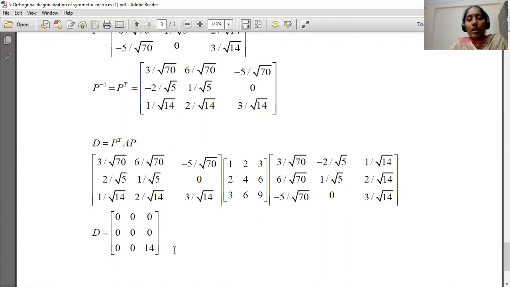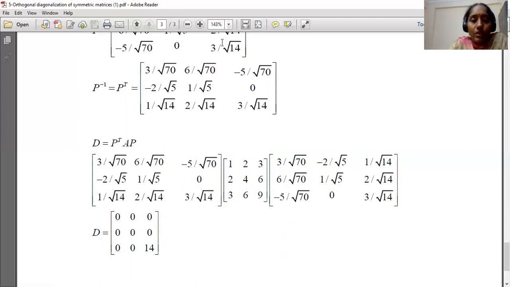Okay, that means your orthogonal matrix P is right. If you are not getting the eigenvalues on the principal diagonal, that means you made a mistake somewhere in the calculations. Okay, please verify.